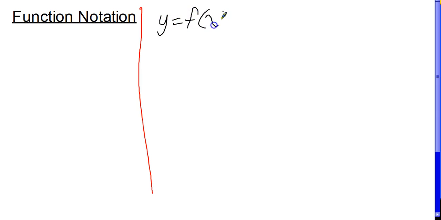So we're going to start with the vocabulary term here, function notation. Put that over there on the left-hand side of your notes where we put our vocabulary, because I didn't put it up at the top. Function notation looks like this: f of x.